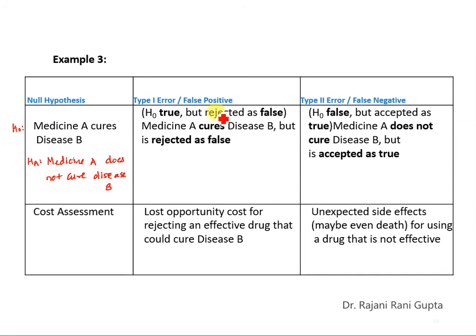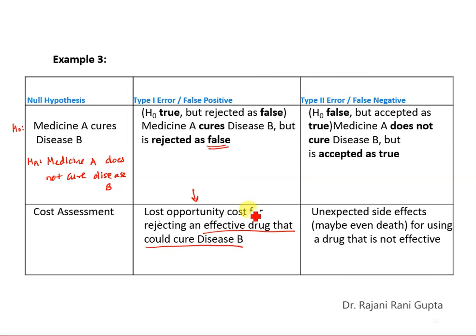H naught is true but we reject it. It means medicine A has the ability to cure disease B but we reject it as false. Its consequence is the loss of opportunity, the cost of rejecting an effective drug that could cure disease B.